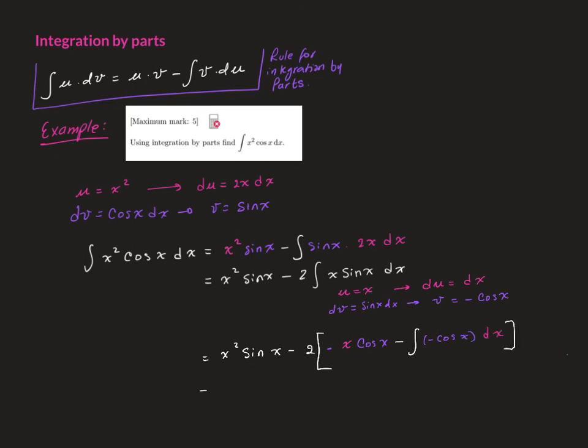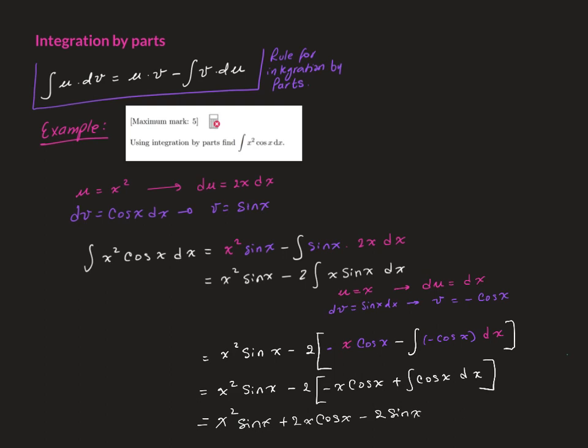So that becomes x squared sine x minus 2 times minus x cosine of x plus the integral of cosine of x dx. So the final answer for the integral is x squared sine of x plus 2x cosine of x minus 2 sine of x, and then plus the integration constant.